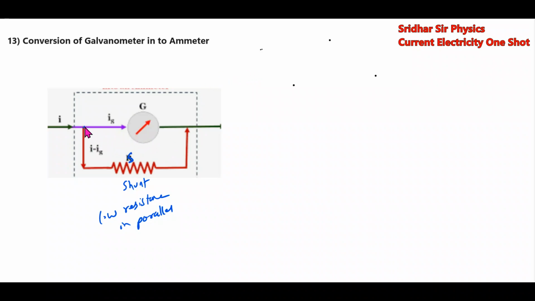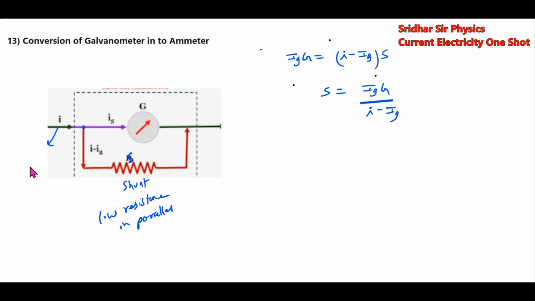Then these two are parallel. So Ig into G is equal to I minus Ig into S. So what is the shunt equal to? S is equal to Ig into G by I minus Ig.